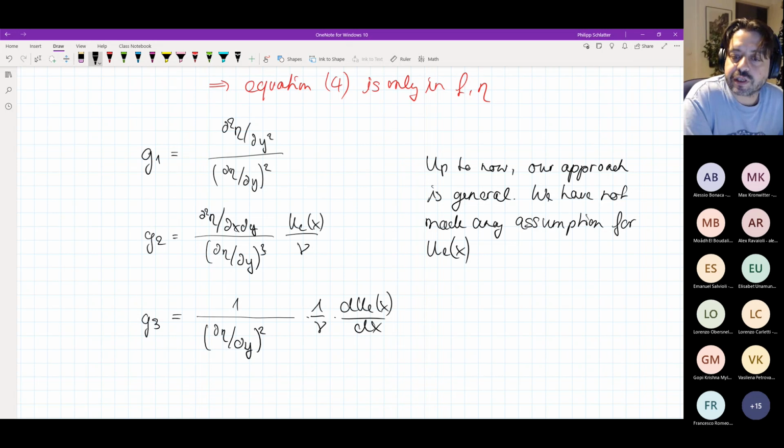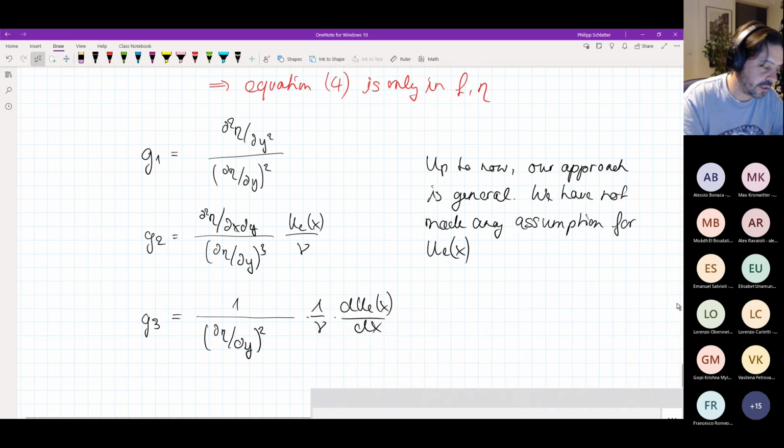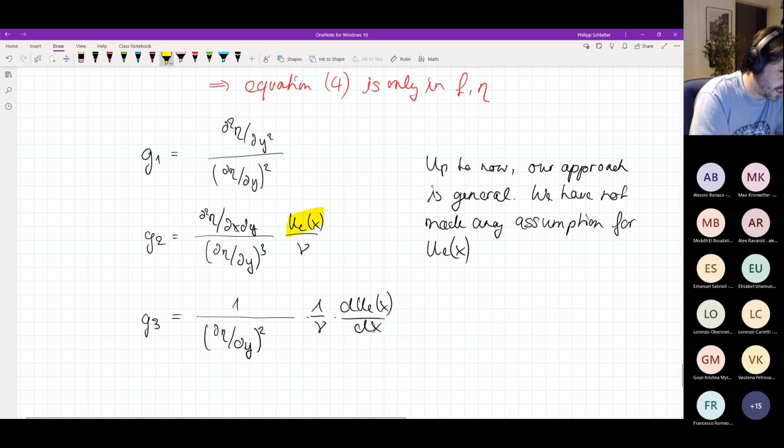There is no limitation to only having constant or growing as a square root or anything like that. It's a fully general approach. The only assumption is boundary layer equations. But the variations of u of x, they are still completely general.